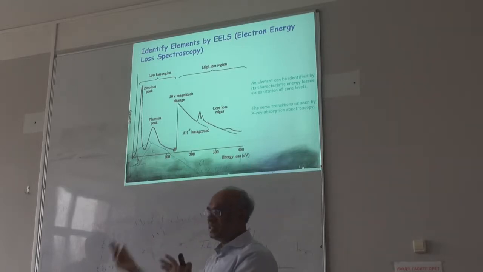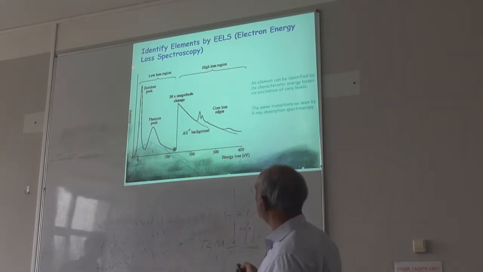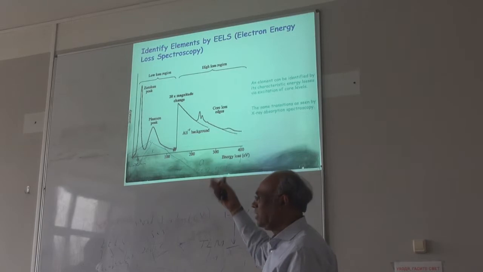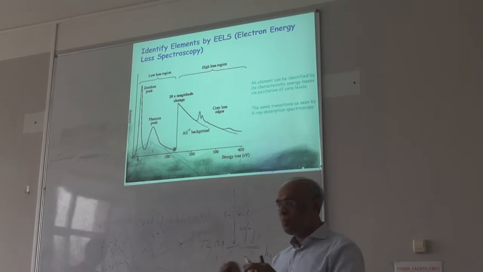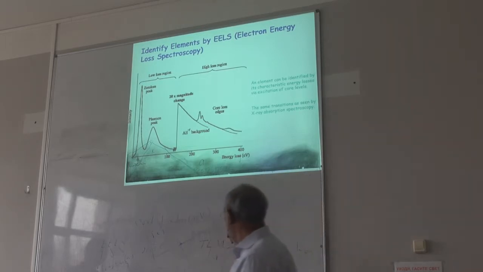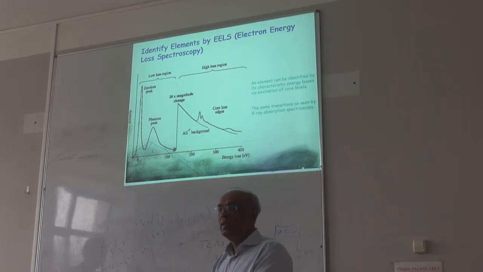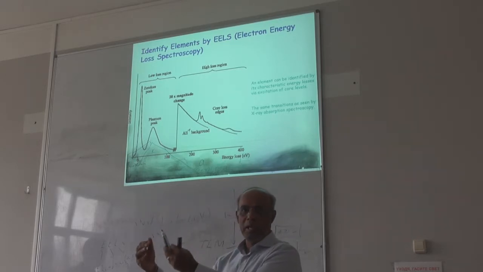Then you can see what that is due to, either some plasmonic effect. If you look at the EELS spectrum, initially you are going to see a big peak, because there is something coming through without any loss. Then you are going to see the plasmons, because if you have any metal, we know these atoms have free electrons, right? These electrons are always oscillating, something called a plasmon. You can have a bulk plasmon or a surface plasmon.